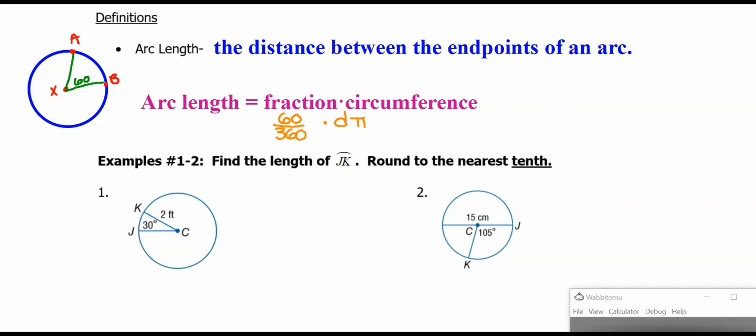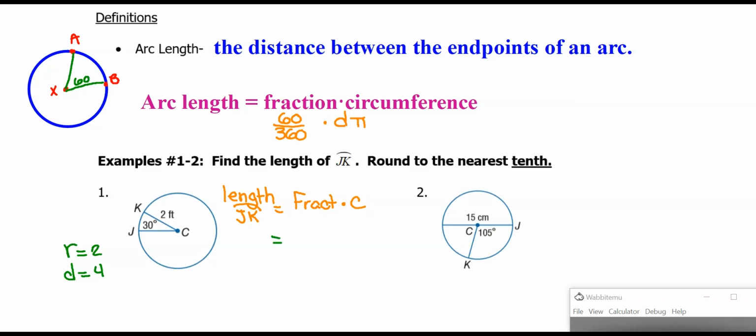In examples 1 and 2, I'm going to start off by saying the length of arc JK is equal to fraction times the circumference. I can see that the radius is 2 feet, which would tell me the diameter is 4 feet. I like to go ahead and use the diameter.